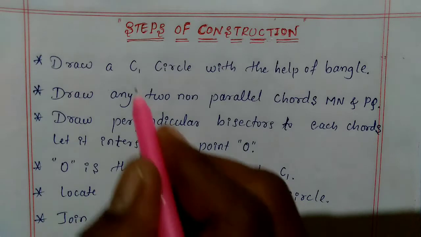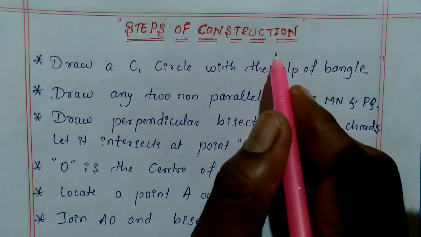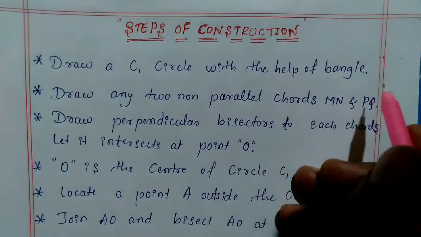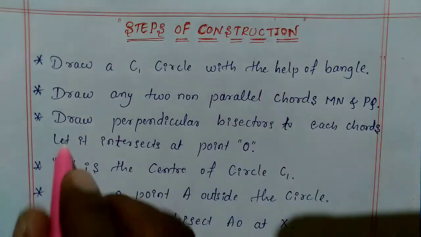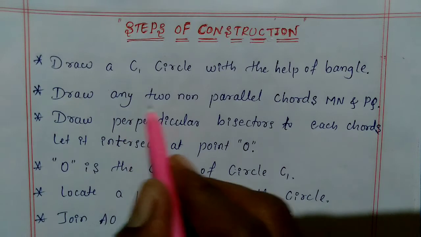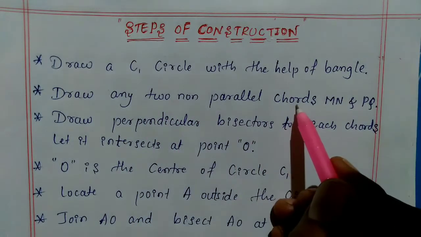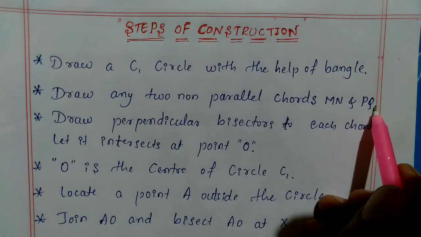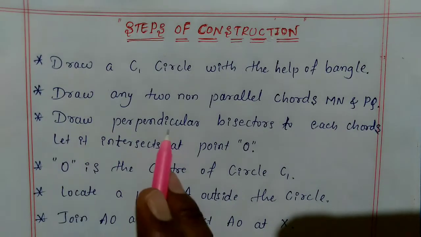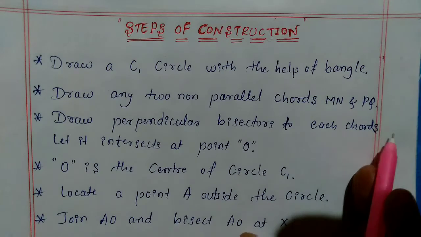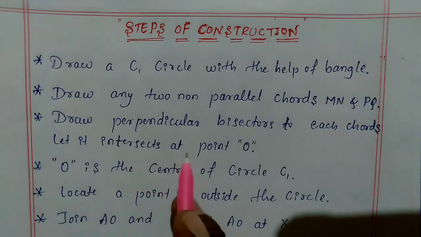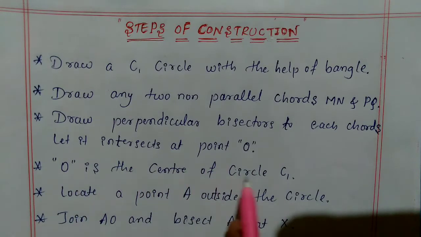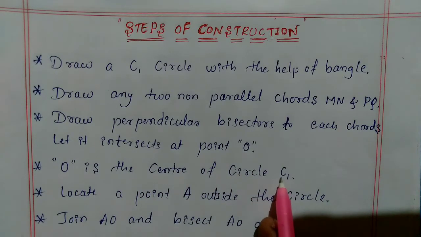Next I will go to the steps of construction. First, write: draw a C1 circle with the help of a bangle. Second, draw any two non-parallel chords, MN and PQ. Next, draw perpendicular bisectors to each chord and let them intersect at point O. So O is the center of the C1 circle.